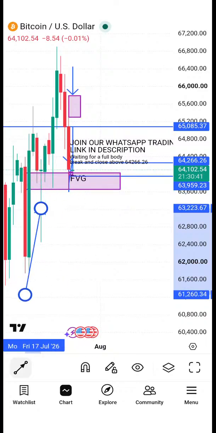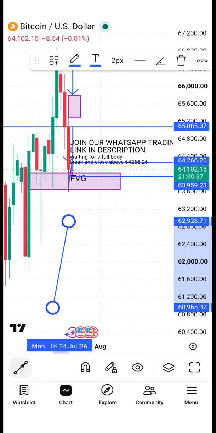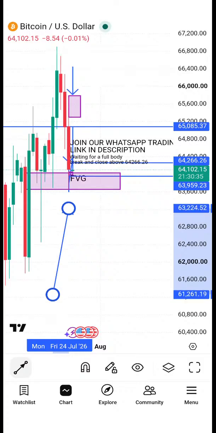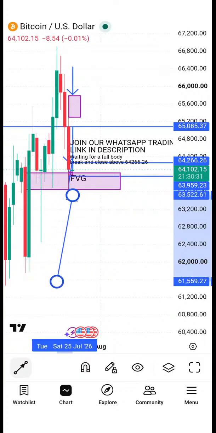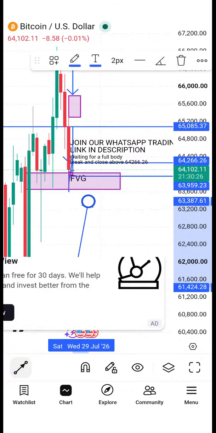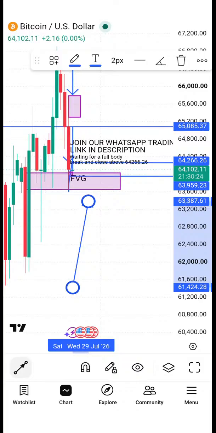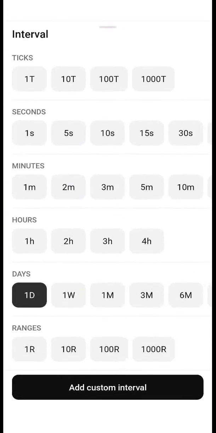We have 1, 2, 3, 4, 5 weeks here. We have 5 weeks. That shows that price is being rejected around this area. So that is why I'm saying I'm looking for buying opportunities and not for sales. Let's go back to the 15-minute time frame.